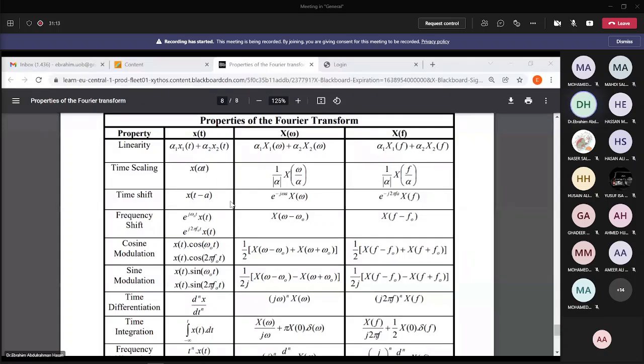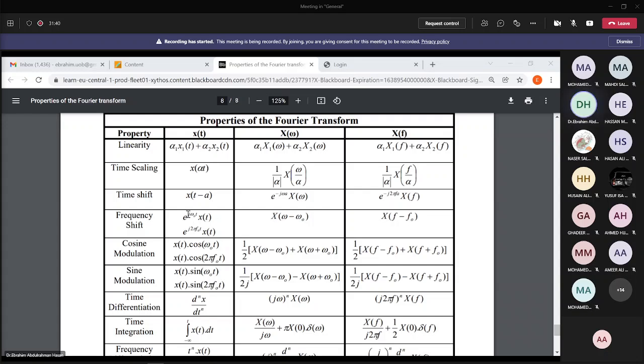Okay, here we said that it's time shift. x of t minus a is equal to e to the power of minus j2 pi f a x of f. But what about frequency shift? If we have multiplication of e to the power of j omega naught t by x of t, then here we'll get x of omega minus omega naught.